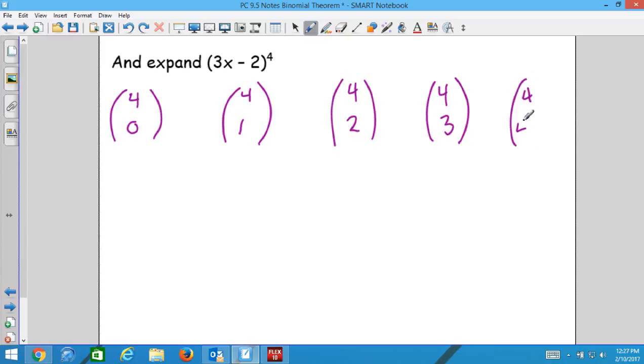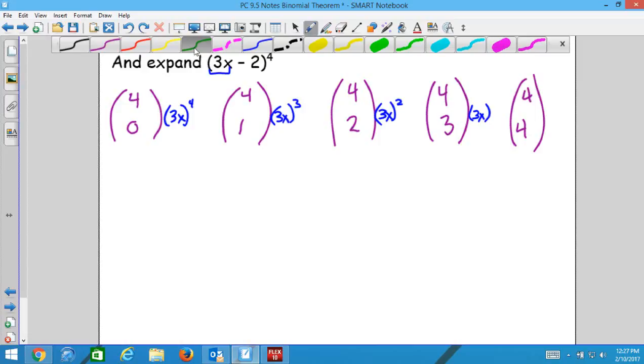And you stop when you get the same number on top and bottom. 4 choose 4. Then our 3x will be to the what power? 4. Then third. Then second. Then first. Then none. And our negative 2.